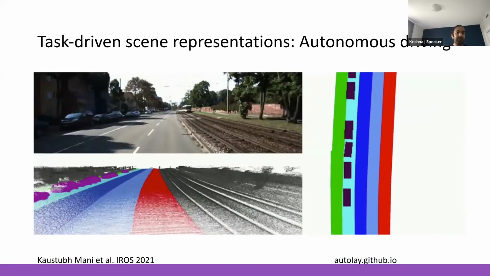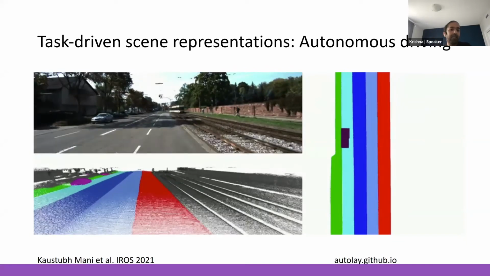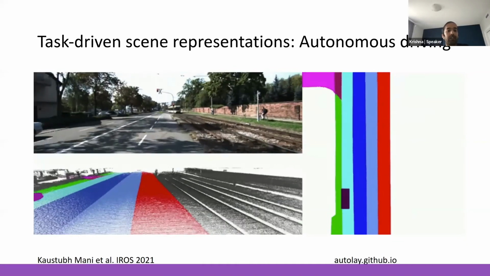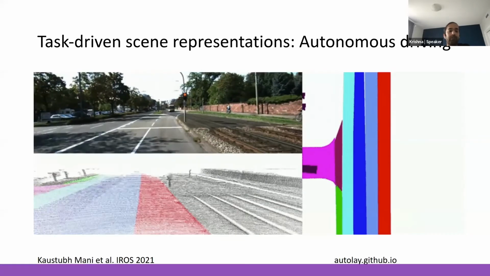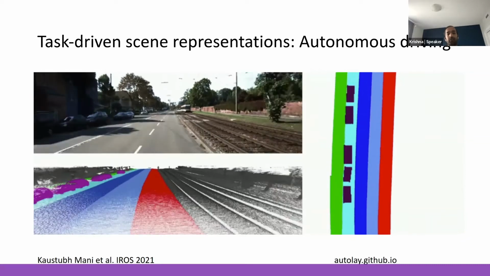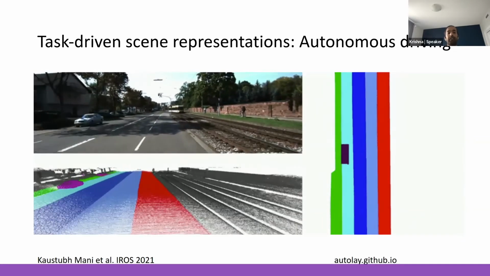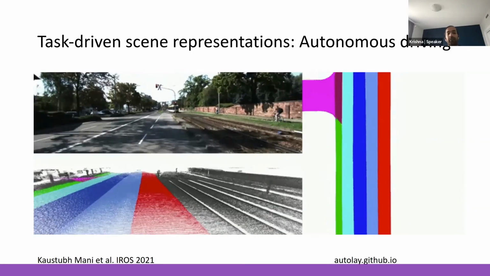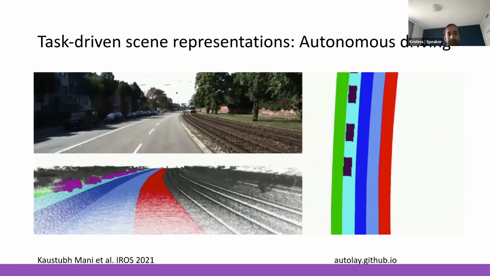I've been interested in some of these aspects even in my prior work. For example, in autonomous driving, we were looking at how you could think of the environment as a 2D plane and divide it into lanes, vehicles, and so on, which allows for a more fine-grained reasoning of the scene as opposed to directly reasoning over images.